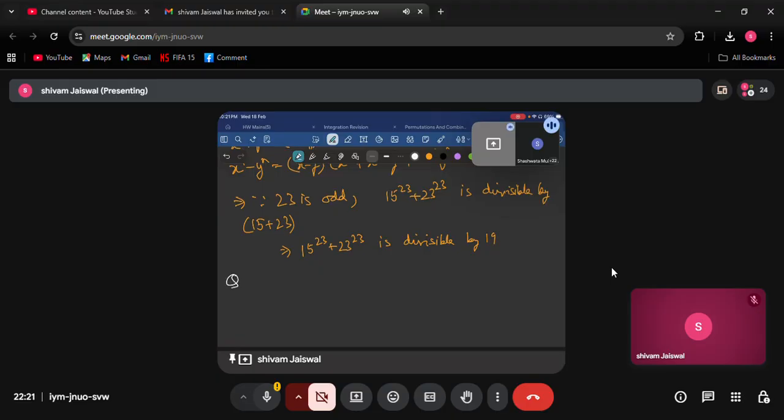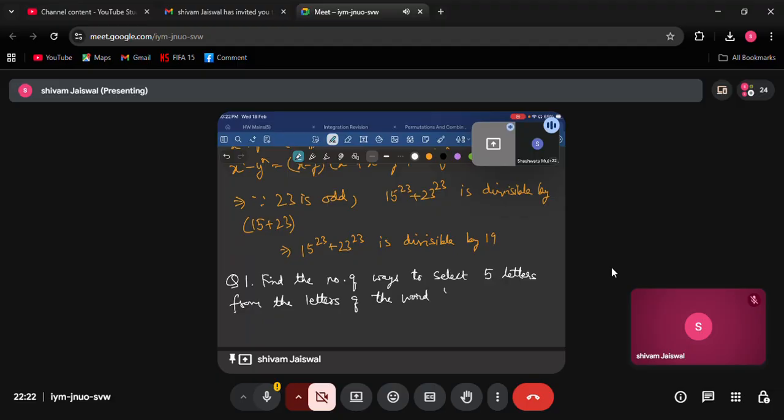Okay then. Question number 1 for today. Find the number of ways to select 5 letters from the letters of the word independence.